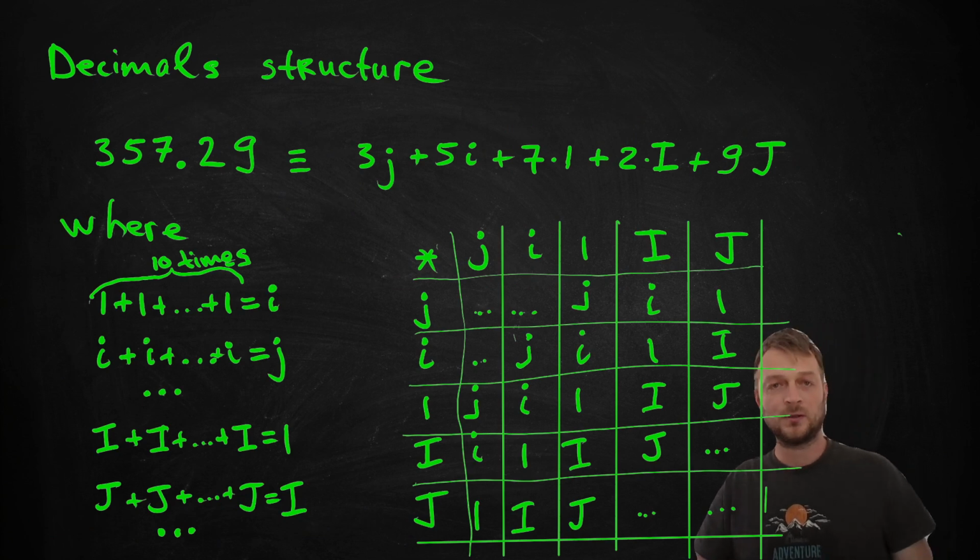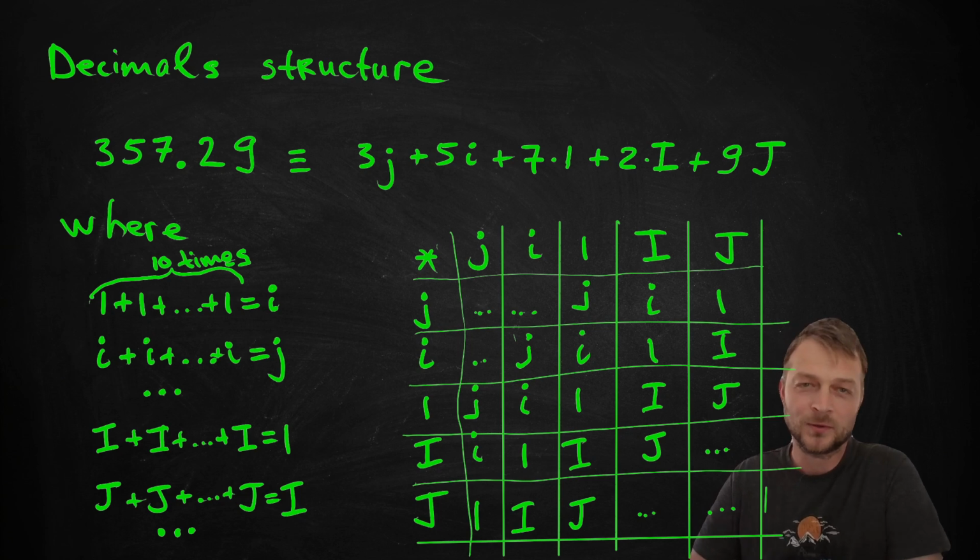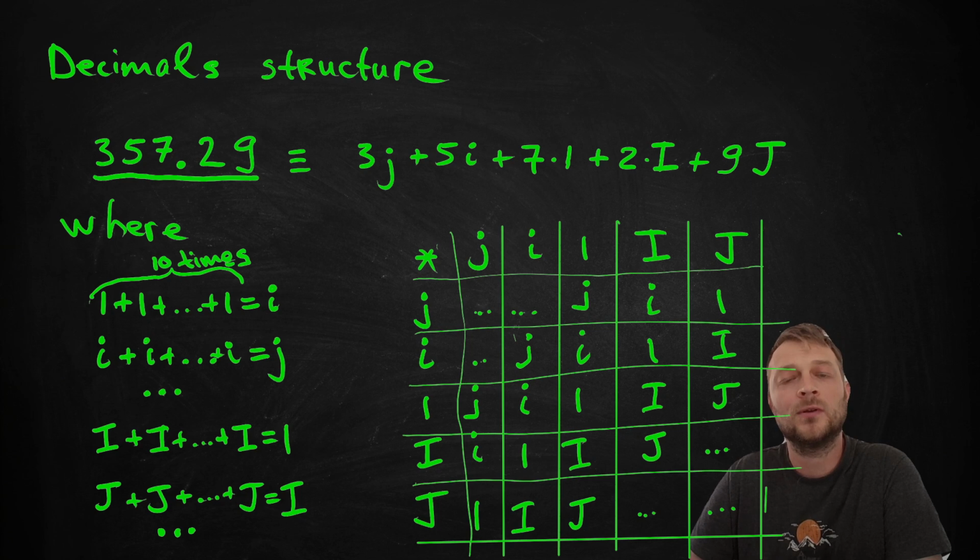decimal structure. In the previous videos on mental models of numbers, especially part 2, part 3, I presented a vision where a decimal number, for example this one, is actually interpreted as this complex of components.